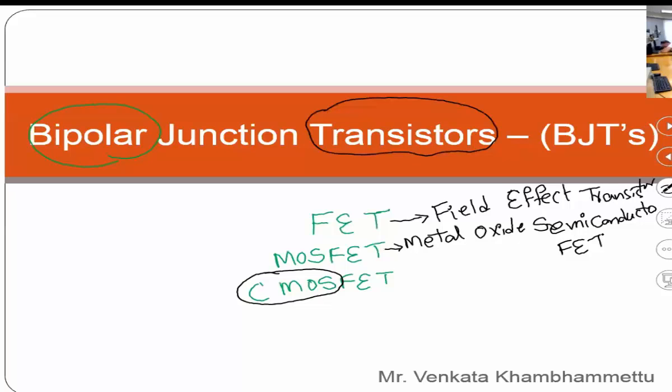So it's a metal oxide semiconductor field effect transistor, or MOSFET in short. It's heavily used for high power applications and high speed applications. CMOS is an advancement of MOSFET. That C stands for complementary MOSFET.